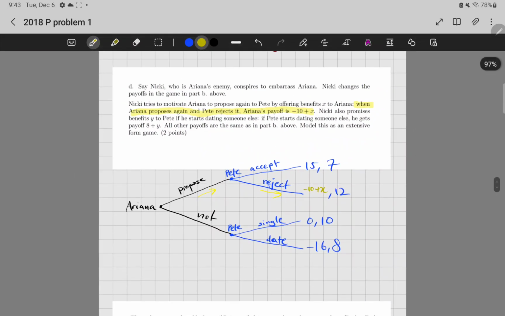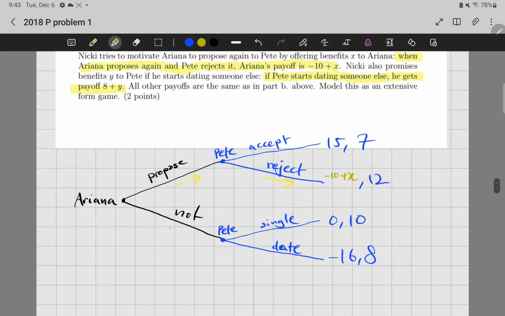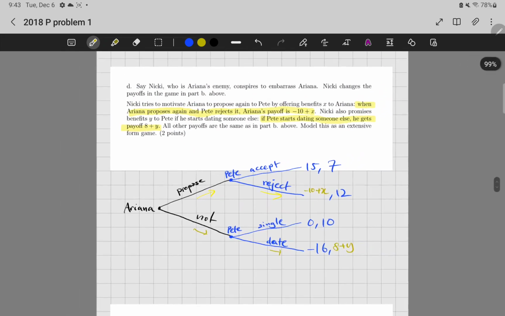The next sentence also says, if Pete starts dating someone else, he gets a payoff of 8 plus y. Let's change Pete's payoff for when Ariana does not propose and he starts dating: his payoff will be 8 plus y. Now this is our new extensive form game.